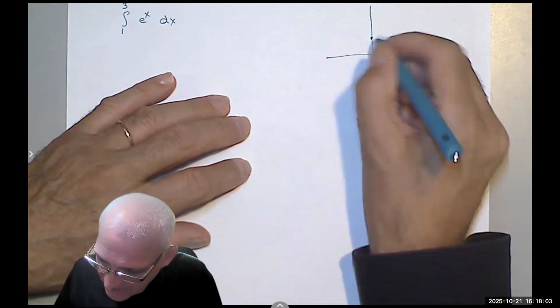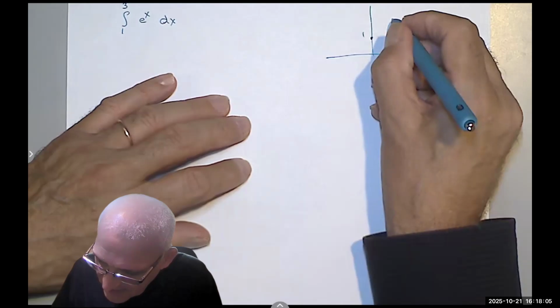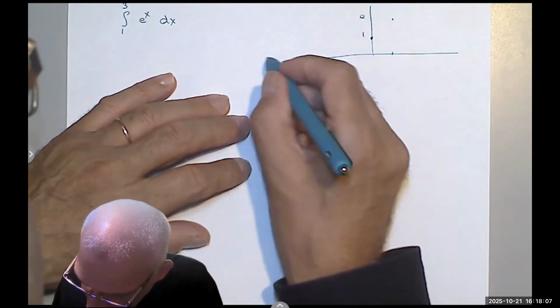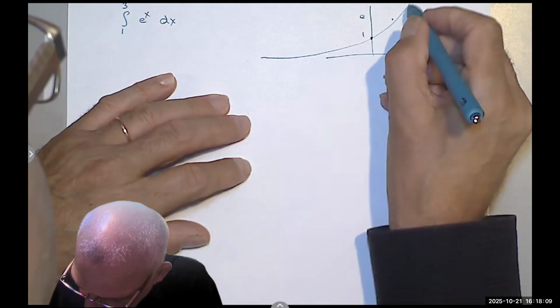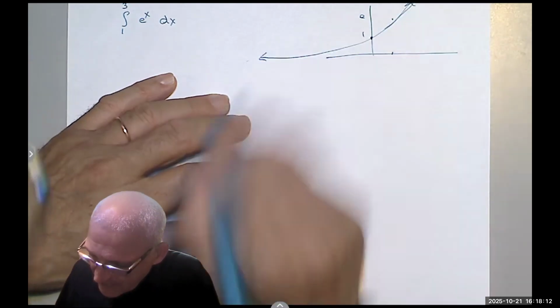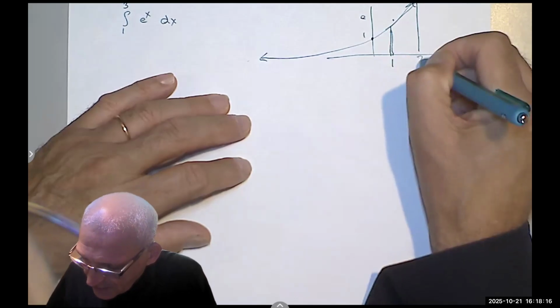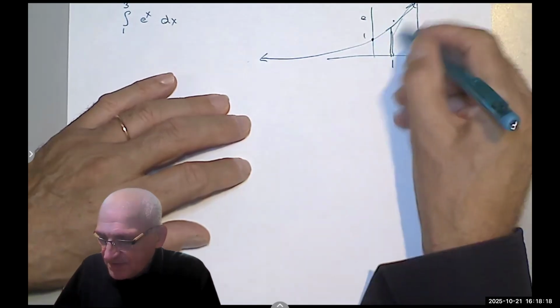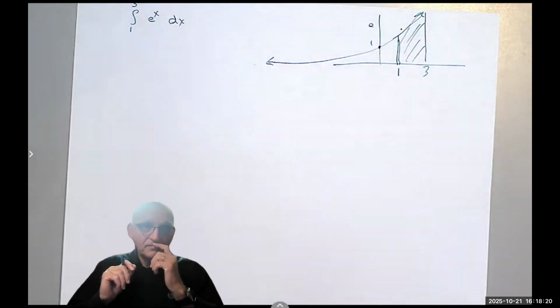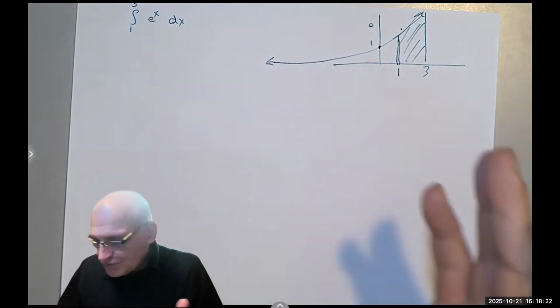Here at 0 you get 1, at 1 you get e, and then this is asymptotic with the x-axis, and it goes something like that. We want the integral from x equals 1 to x equals 3. So we want this area, right? It's very simple to do.